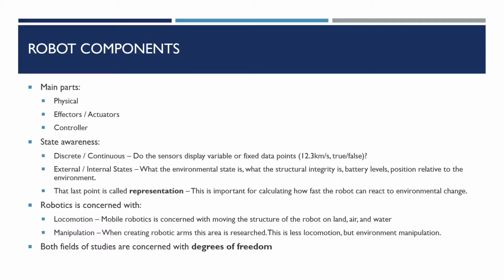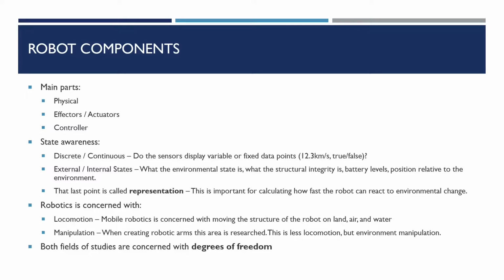Then there's external and internal states. This is what the environment state is, what is the structural integrity, what are the battery levels, position relative to the environment. And on that point, when it's relating itself to the environment, this is called representation. This is very important because how fast the robot can react to environmental change depends on what the robot's purpose is.